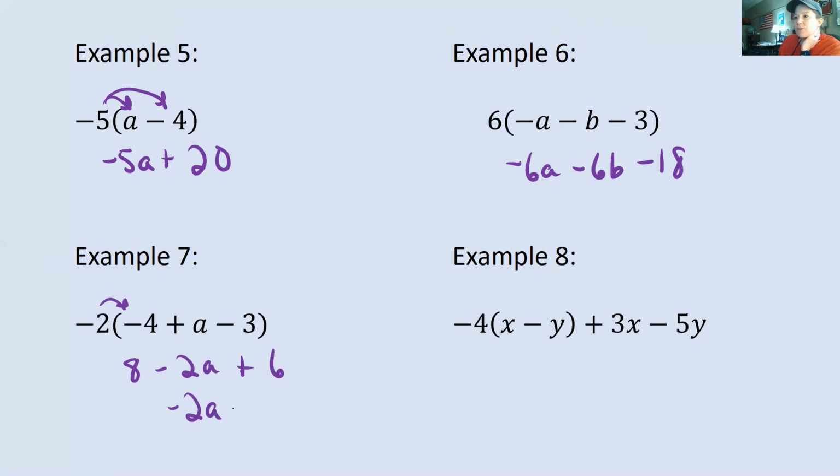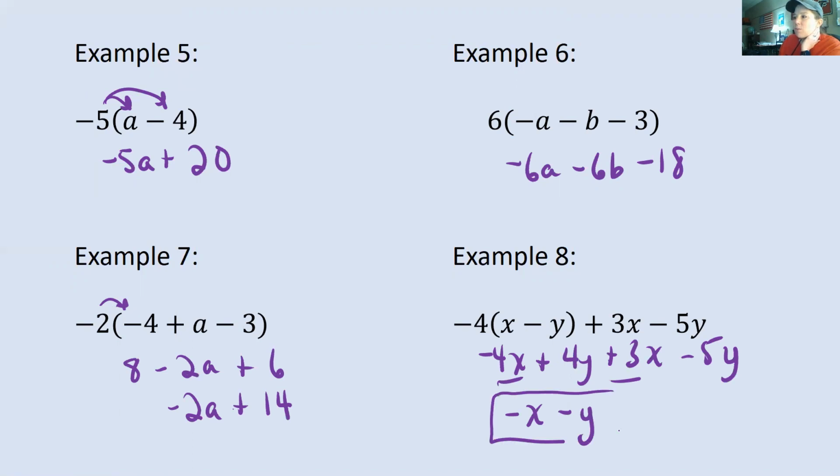So we have negative 2a plus 14. And then this one is negative 4x plus 4y plus 3x minus 5y, which is negative 1x minus 1y. If you have a 1 as a coefficient, you don't have to write it, but if it's a negative 1, you have to write the negative sign.